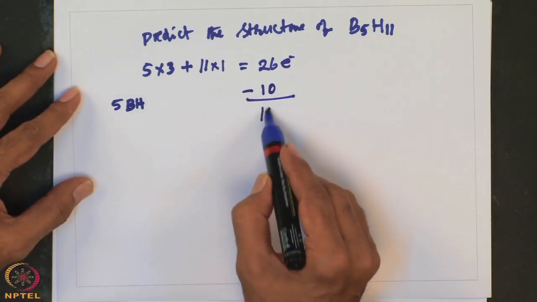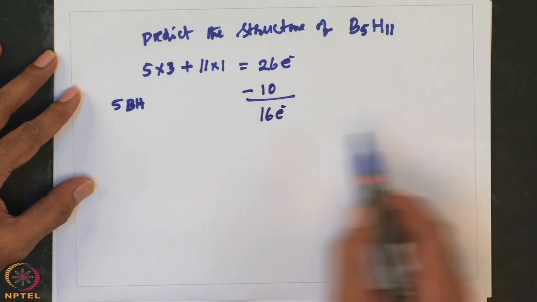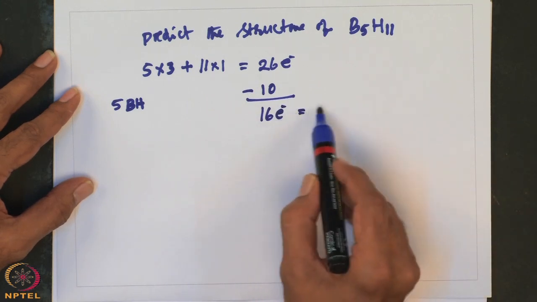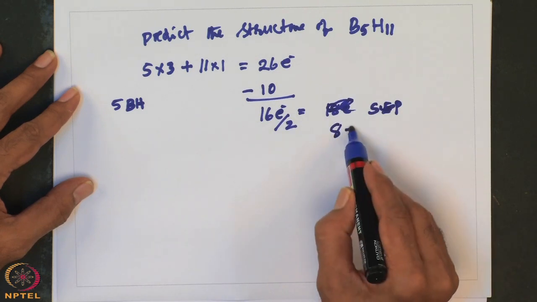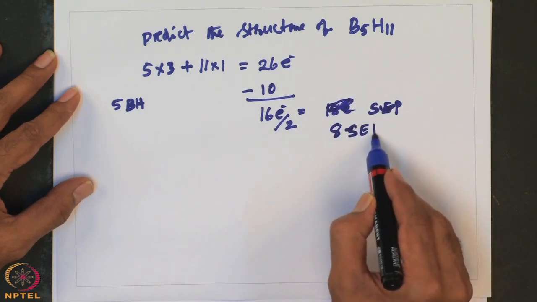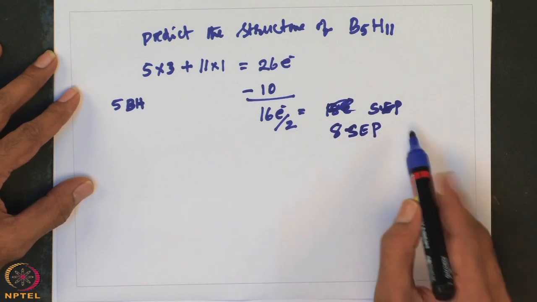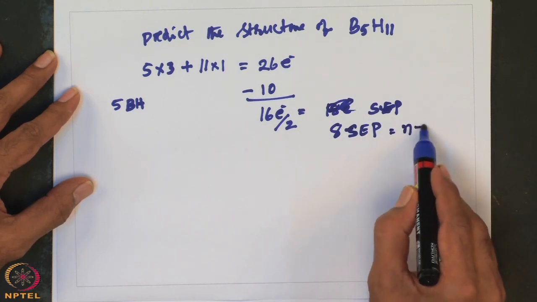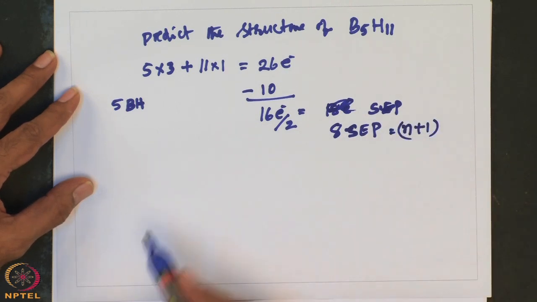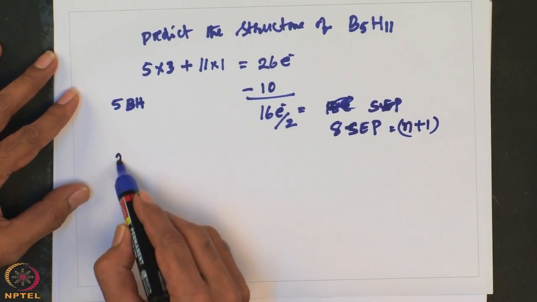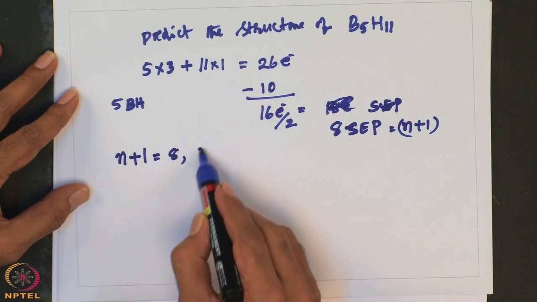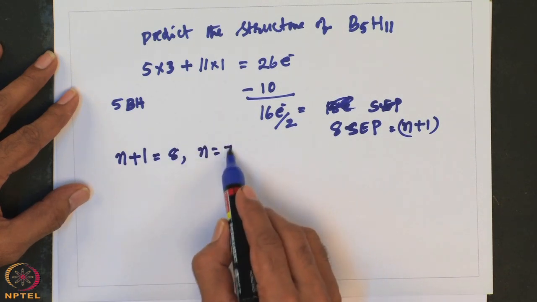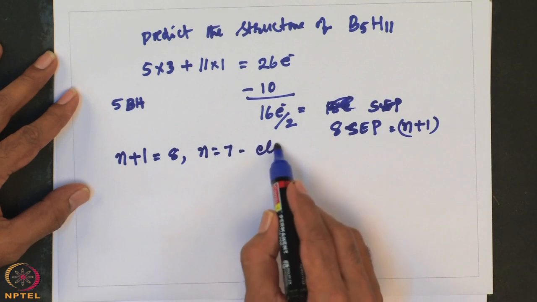So, we have about 16 electrons here, and 16 electrons divided by 2 is 8 skeletal electron pairs. This is essentially equal to n plus 1 if you consider closo.